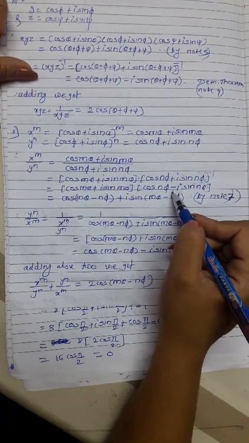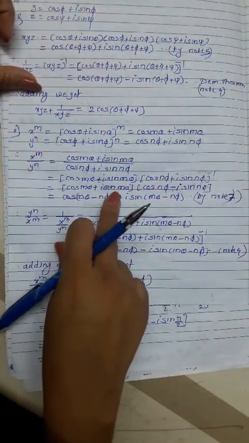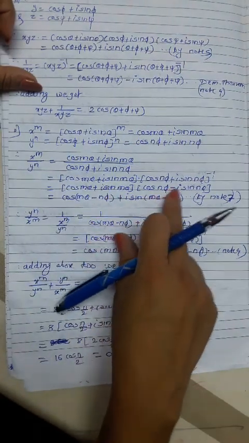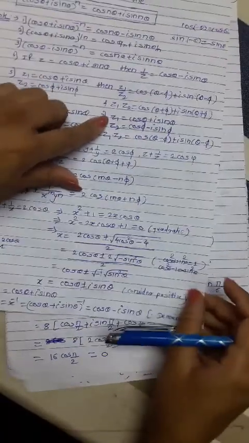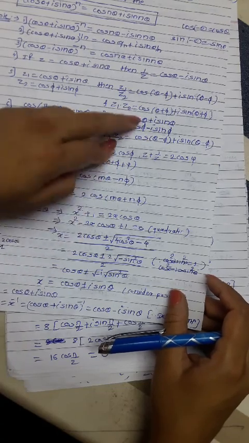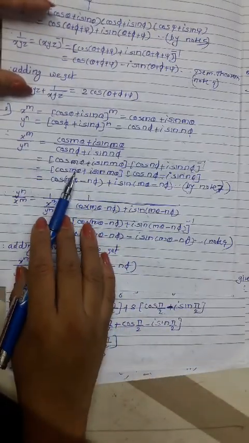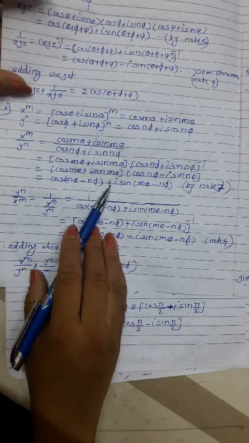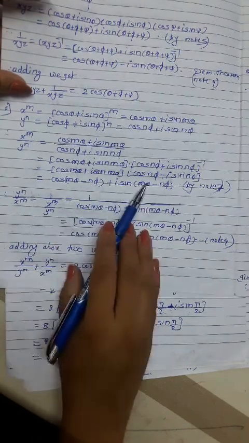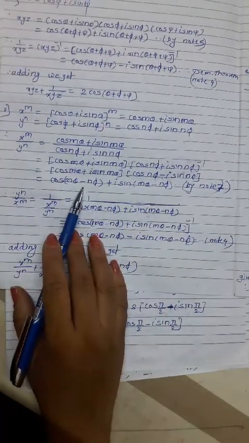Now these two are cos m theta plus I sin m theta into cos n phi minus I sin n phi. Therefore, z1 is this, z2 has middle sign minus, then multiplication of these two is just subtracting the angle. Therefore, subtract the angle: cos of m theta minus n phi plus I sin, same angle, m theta minus n phi, because of the minus the angle gets a minus.